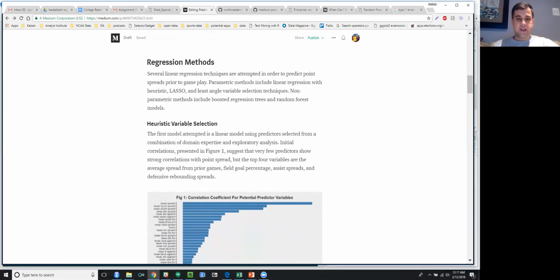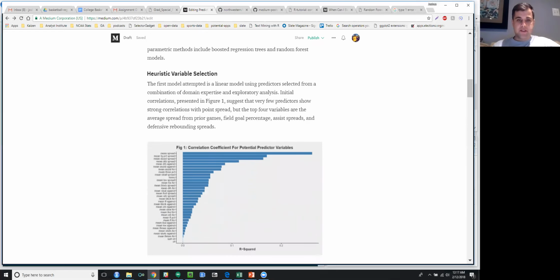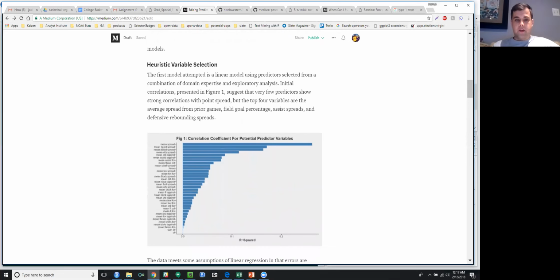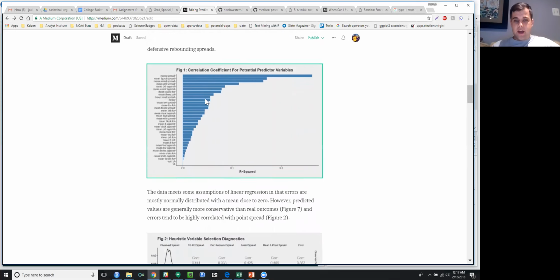But to touch on some of the regression attempts that I made, the first is a heuristic variable selection. It's just multiple linear regression with variables selected through my own domain expertise as well as some exploratory analysis.